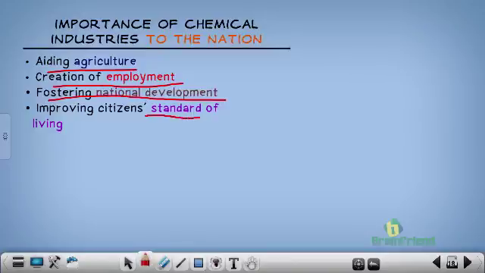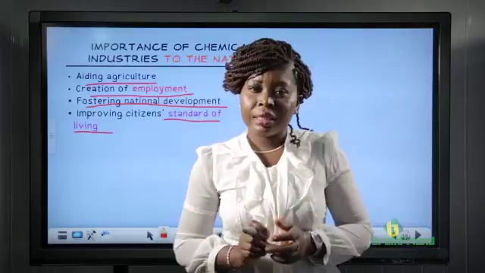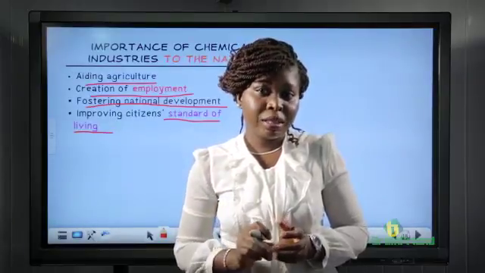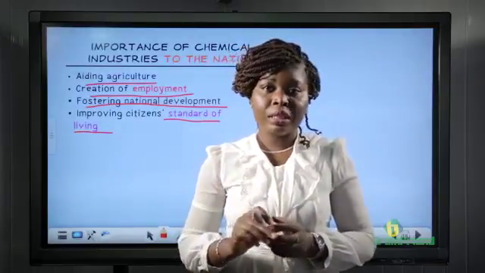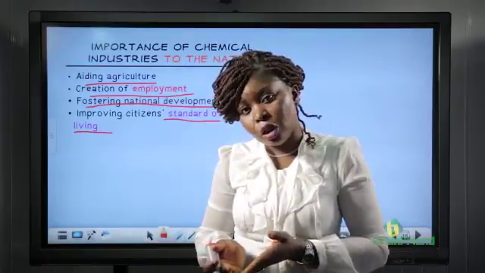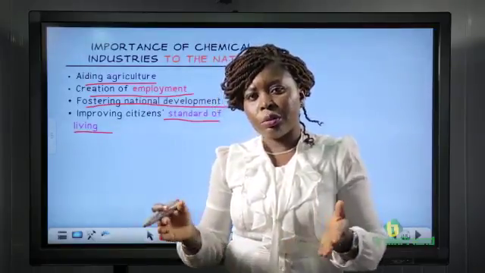Improving citizens' standard of living. When citizens are gainfully employed, it means that they can take care of themselves. They can provide their basic needs. They can have enough money to pay for things that they need. And these citizens as well, remember we said they pay taxes to the government. Now, governments make use of this money to develop the nation.